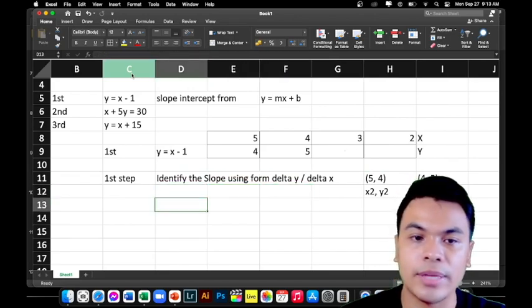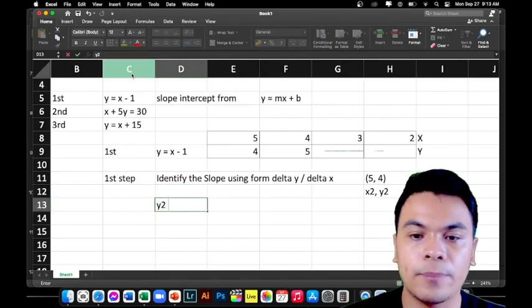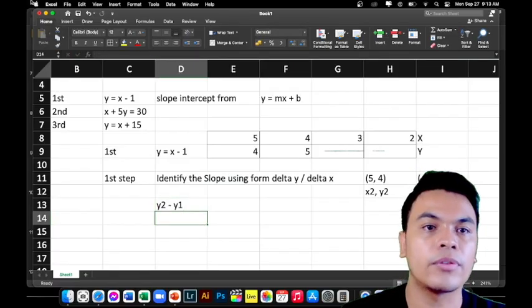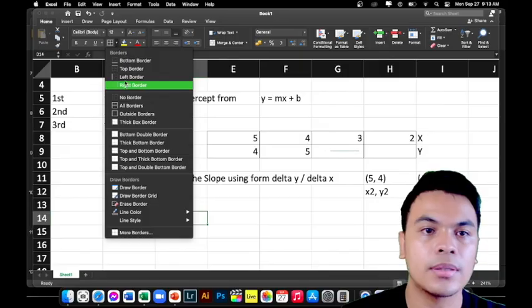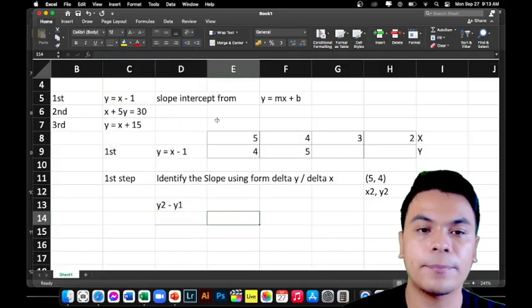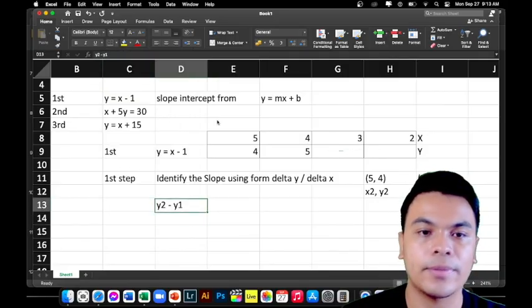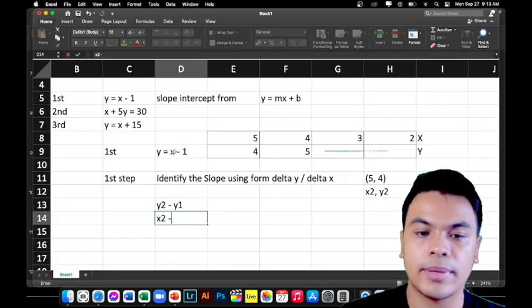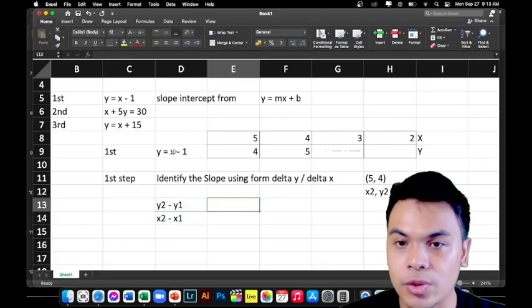Delta y, so that is now y2 minus y1 over x2 minus x1. So what is y2 again?